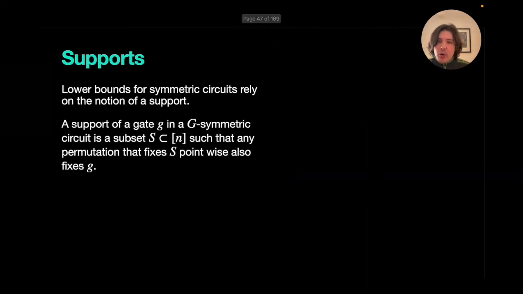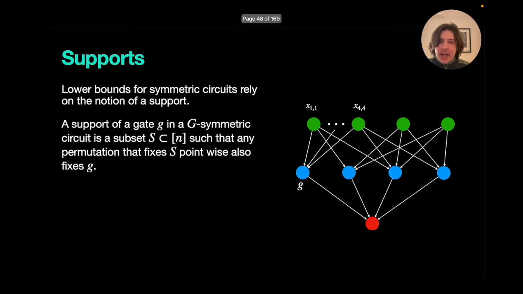So a support for some gate g in a circuit, and let's suppose the circuit has a matrix structure on the input gates, and let's suppose G is some subgroup of Sym(n). So we have some gate g and we have some G acting on the circuit. A support is some subset S of n, such that any permutation that fixes S pointwise is also going to fix g. Right? So what exactly does that mean?